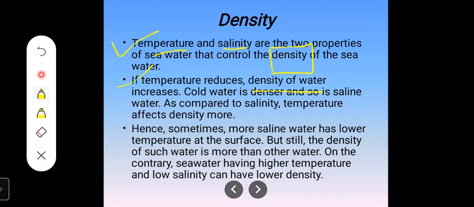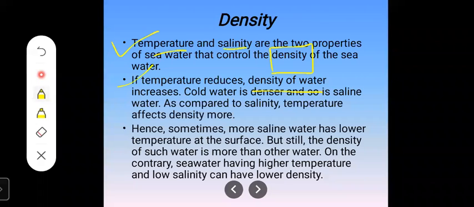Now, see here. Again, we are going to see that activity, students. The container which we kept under the sun rays, in that the level of the water was less, right? But inside that, the salt was too much.